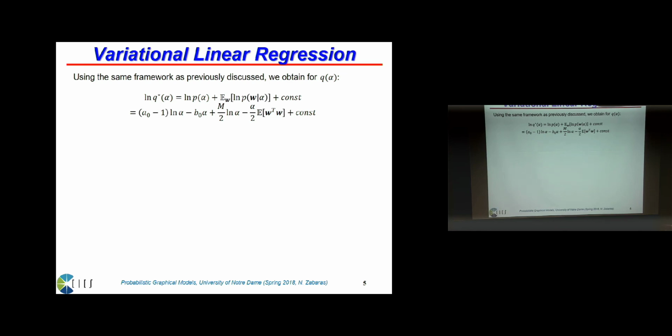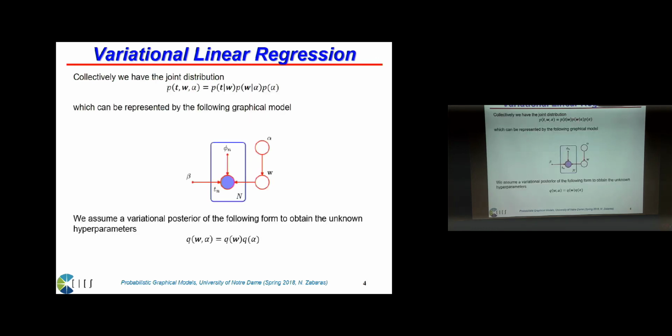I remind you, the log of Q of alpha, for example, will be the expectation with respect to all the other variables. So what are the other variables here? What are the unknowns in this problem? It's W and alpha only.